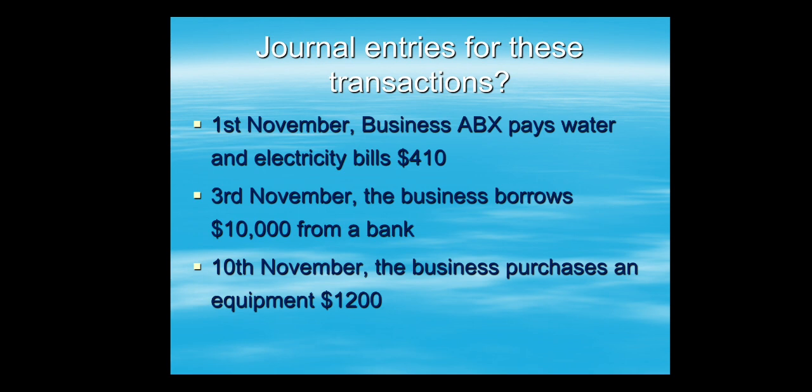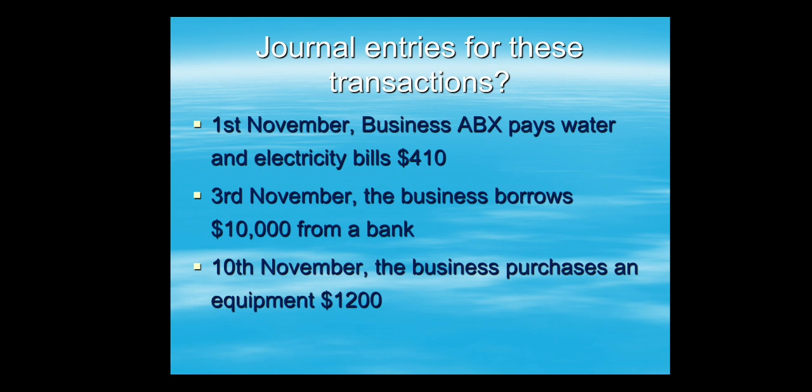So how to record that in the general journal? First, you have to write the date, 1st of November. The first thing is asset cash decrease. So you have to credit account cash 410. And then the second effect is equity decrease.